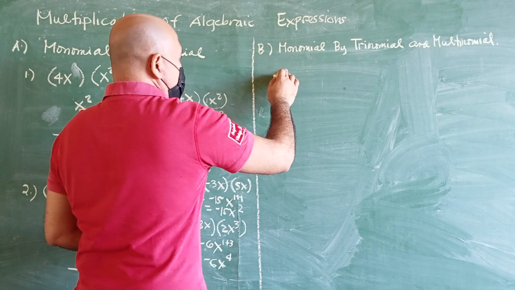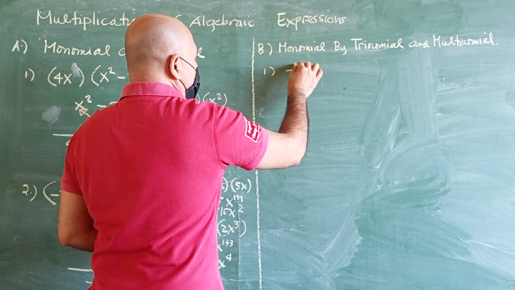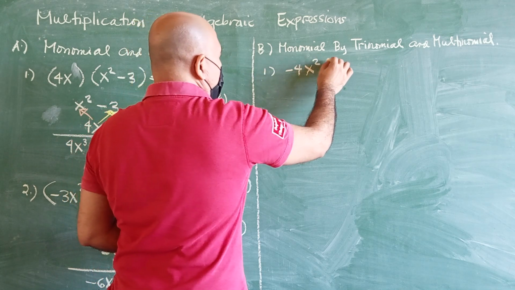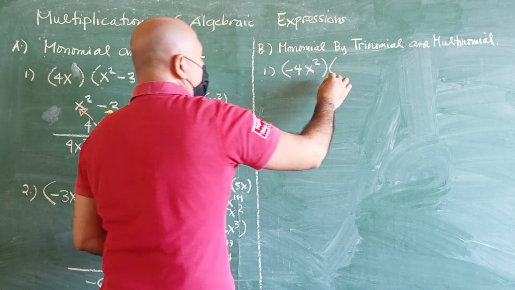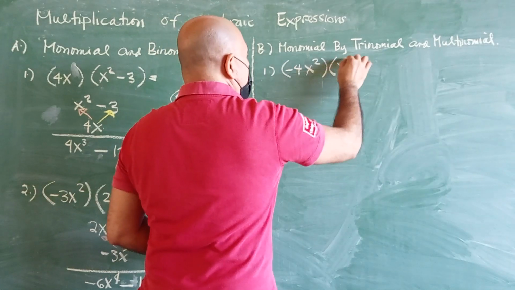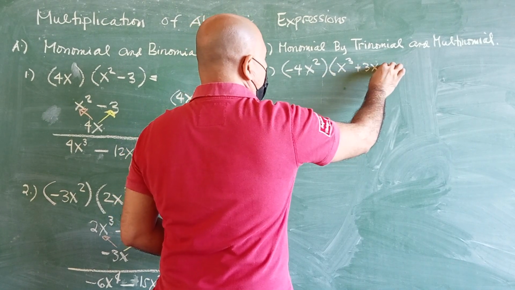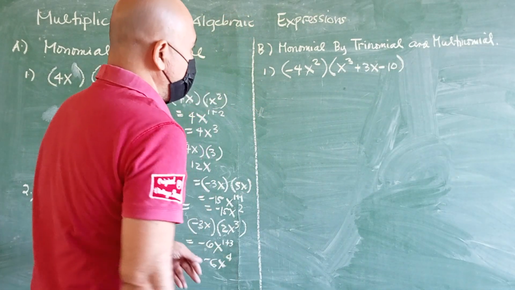So for example, we have number 1, negative 4x squared times x cubed plus 3x minus 10, for example. So what is the product?